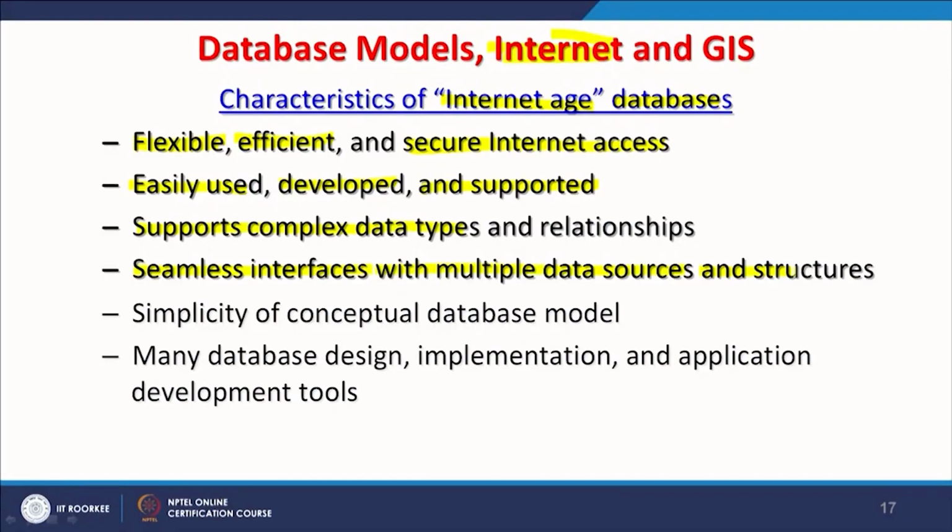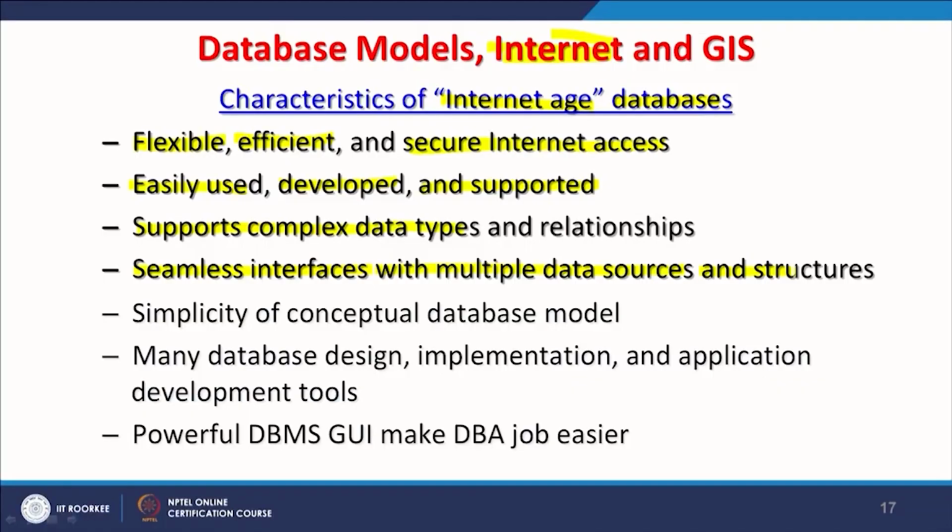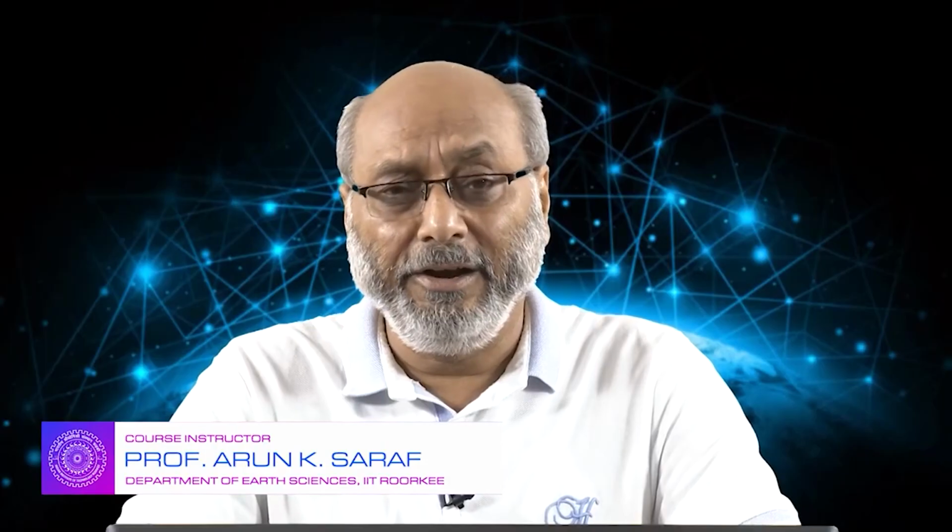Many database design, implementation and application development tools are involved in the background, provided through internet access to these databases. And of course, they have a very powerful database management system. The graphic user interface is also very easy, so it is completely user friendly, and that is why it is one of the very popular tools available on the net for seeing satellite images, seeing things in 3D and getting other related information.